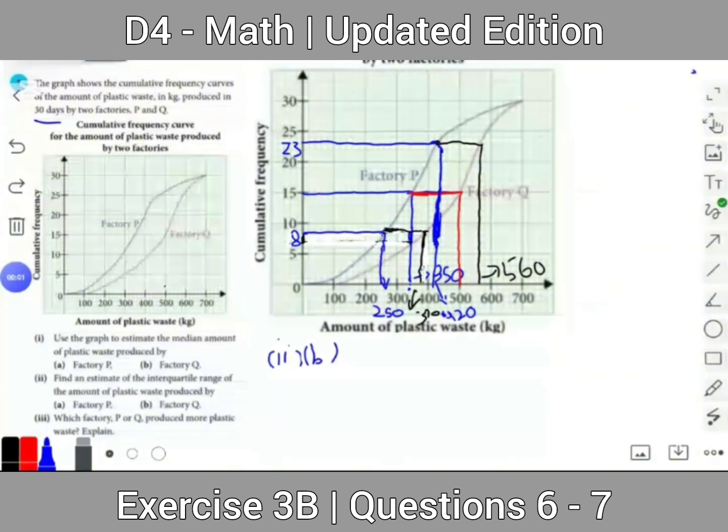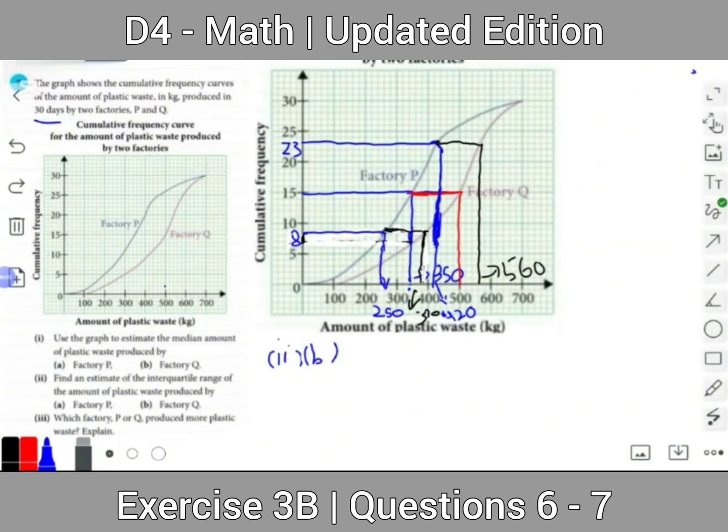Now an estimate of the interquartile range of the amount of plastic waste produced by factory Q can be found by using the formula Q3 minus Q1, and these two values are estimates just because we have taken them from the cumulative frequency curve.